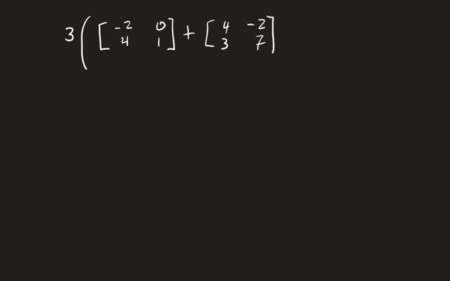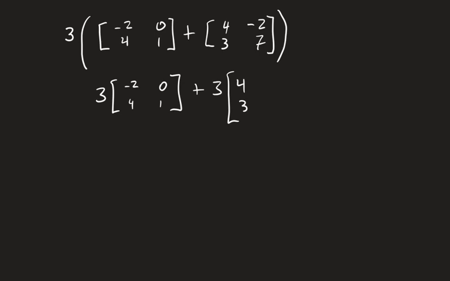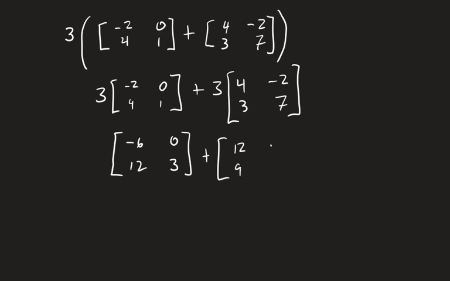So when we have something like this, you can actually use a distributive property to send this to each part right here. So that means that you have 3 times negative 2, 4, 0, 1, plus 3 times 4, 3, negative 2, and 7. And then you just multiply that out. So that's going to be negative 6, 12, 0, 3, plus 12, 9, negative 6, and 21.